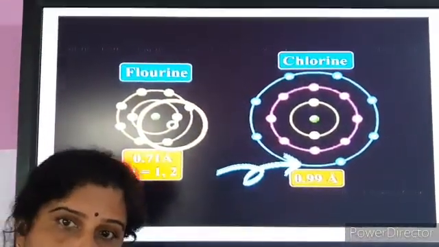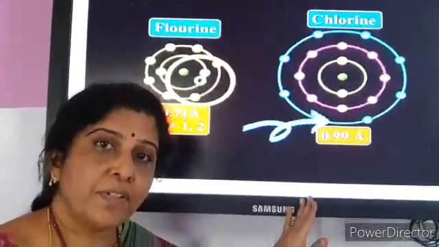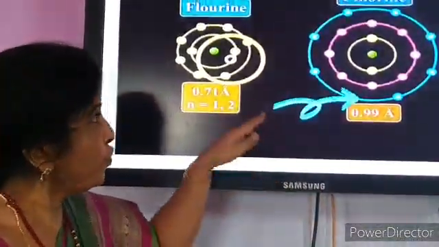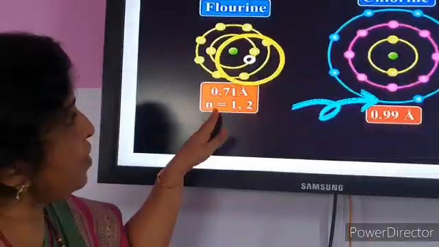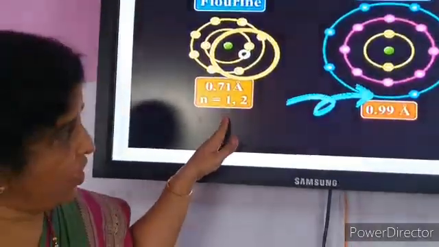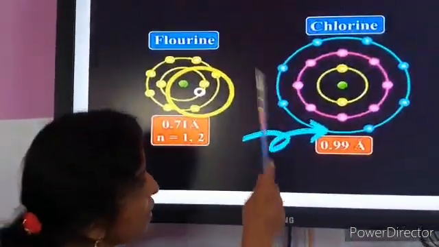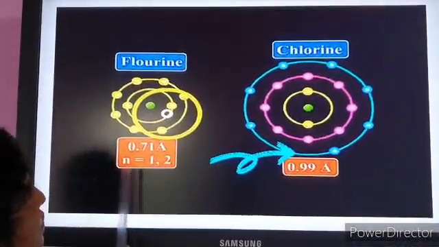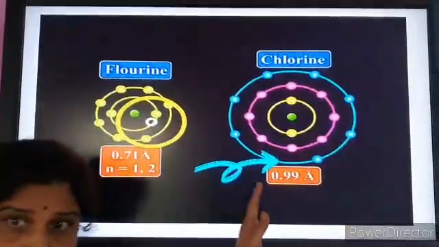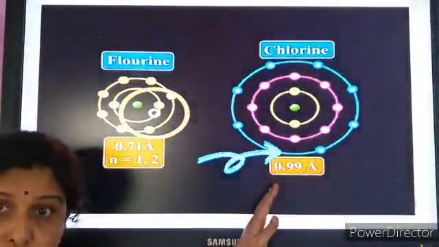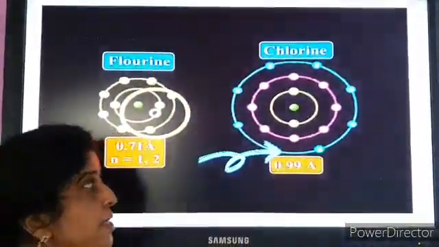As we move down the group, what happens to the electron affinity? Decreases. Therefore, fluorine must have more electron affinity than chlorine. But do you observe here, the chlorine atom is having more electron affinity when compared to fluorine. This is an exception and it is an important point to be noted down. You may get it even in the examination.